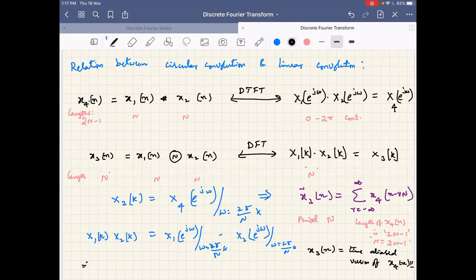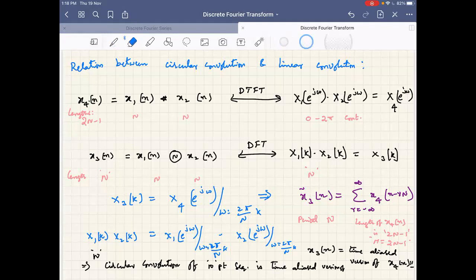Through this discussion, we see that the circular convolution result, the N-point circular convolution of N-point sequences, is the time-aliased version of, let me write from here.